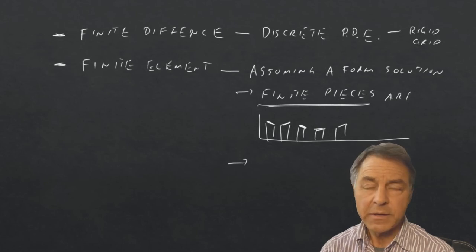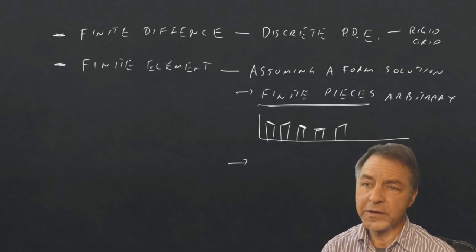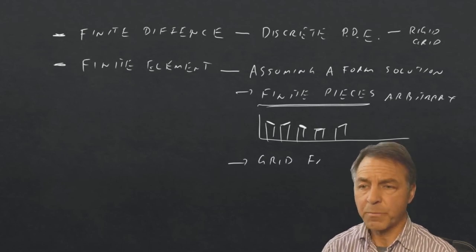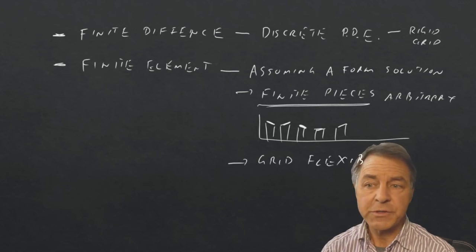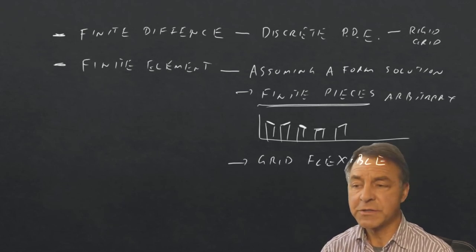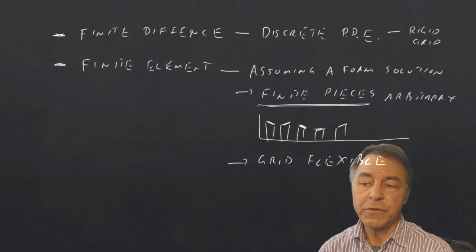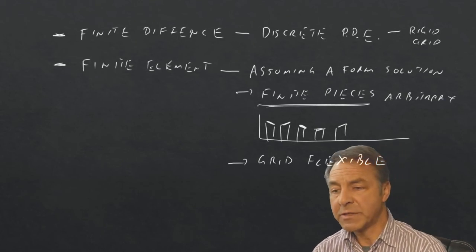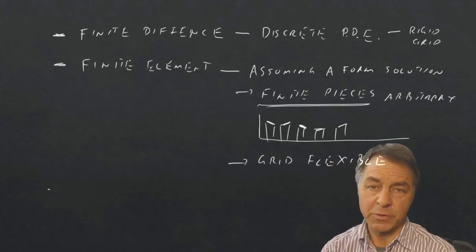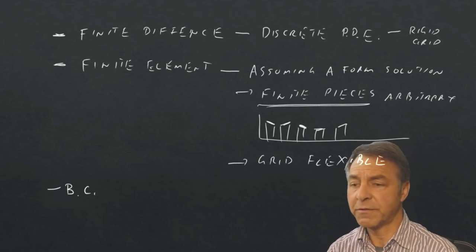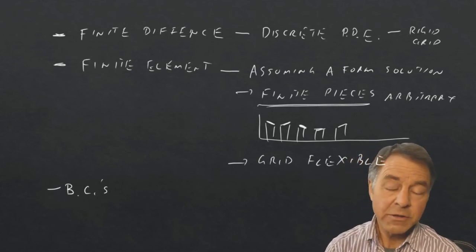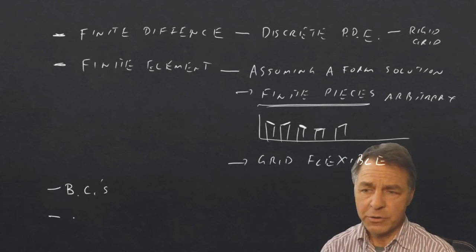The key problem with finite difference is that you've got a rigid grid. Whereas finite elements, you have an arbitrary set of functions, and therefore you've got a grid or an element set that's extremely flexible, and you can use it for all sorts of weird geometries that you'll encounter in your daily work.